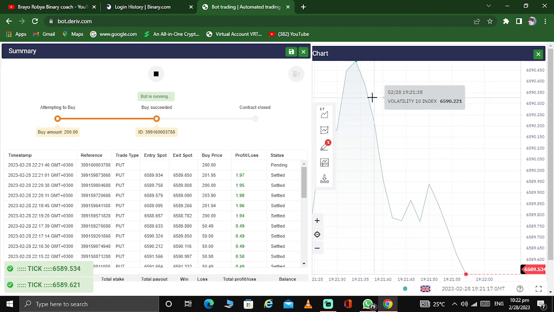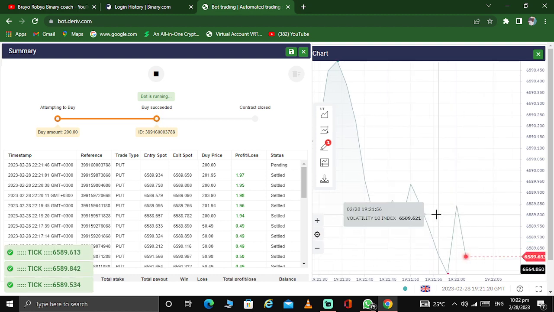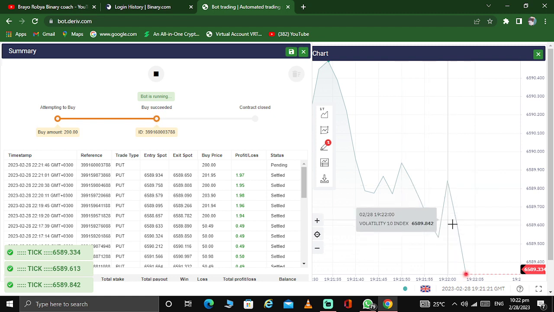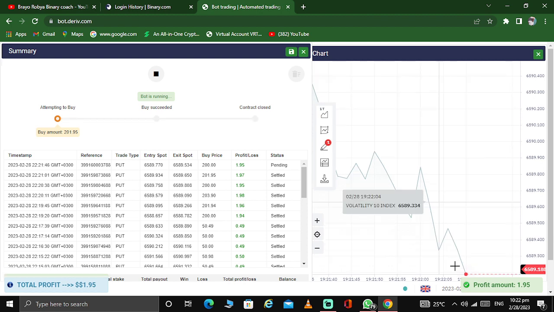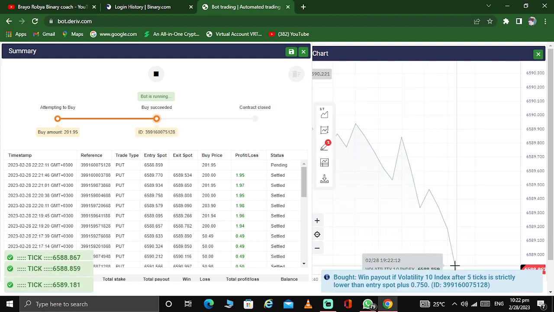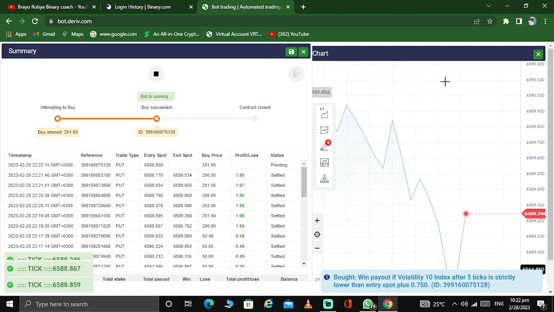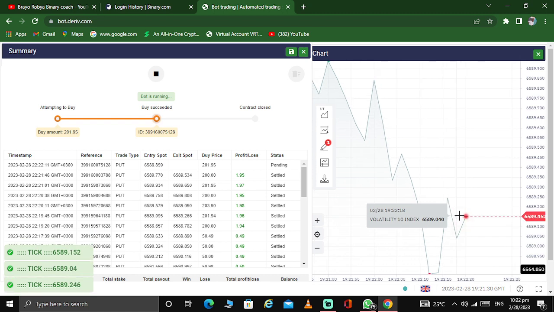The reason why I'm saying that, when it is moving down with a huge spike, if you understand the market very well, you know that the amount of pressure it makes while going downwards, it can reverse when it goes upwards, because we're trading on digit lower. When it goes lower, we make our profit.